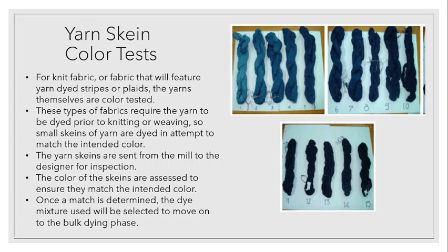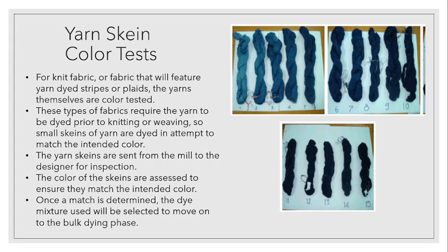Yarn skein color tests. For knit fabric, or fabric that will feature yarn-dyed stripes or plaid, the yarns themselves are color tested. If we remember from the last section, yarn-dyed fabrics have the yarns dyed prior to weaving and are the most common dye method to produce stripes and plaids in woven fabric.